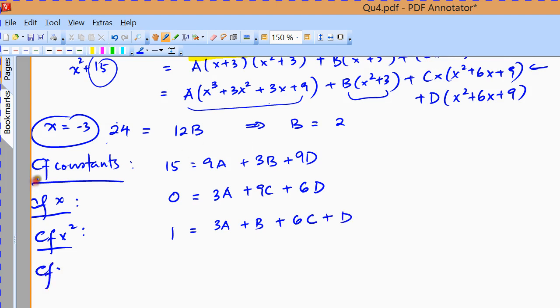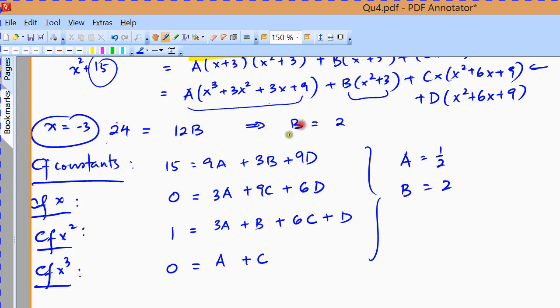Next we compare the x cubed terms. On the left there is no x cubed term. Here we have a plus c. Now you can try and solve for a, c and d here. Do this by yourself and you should get a is half, b we found was 2, c is minus half, and d is half. Okay, try this out yourself.